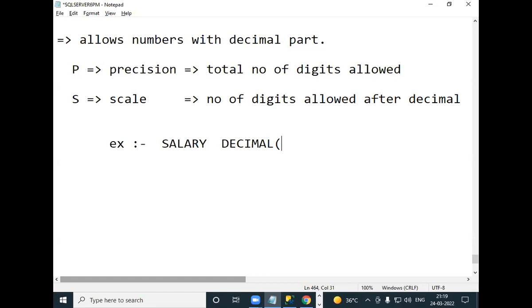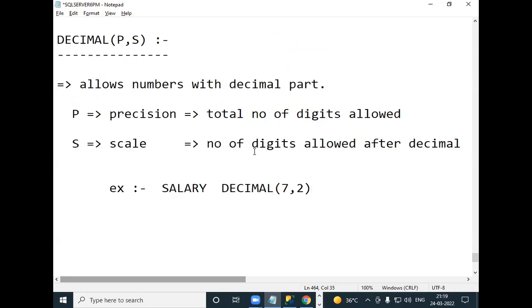So for decimal, I'm declaring like this, 7 comma 2. What is 7, what is 2? Compare this with the earlier one. 7 is precision, p. 2 is scale.